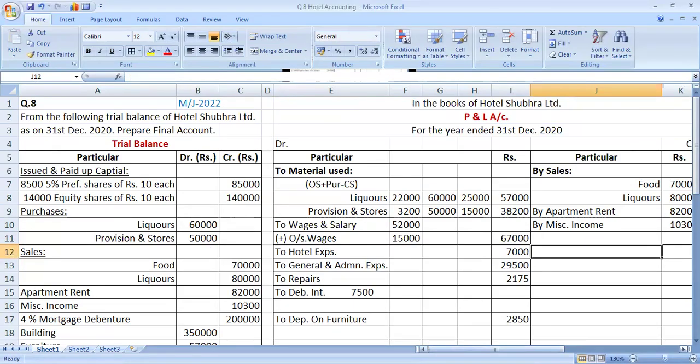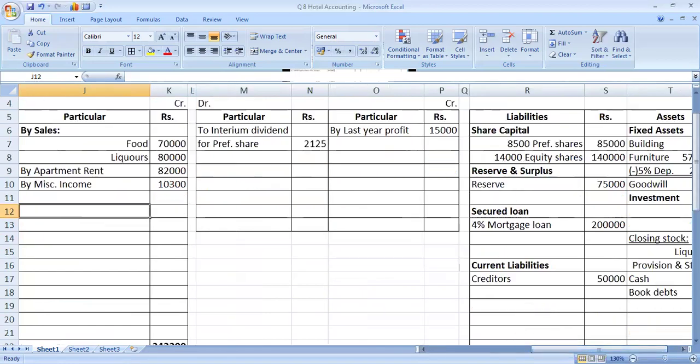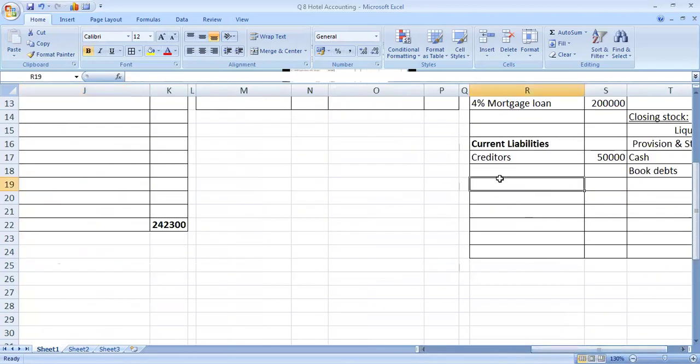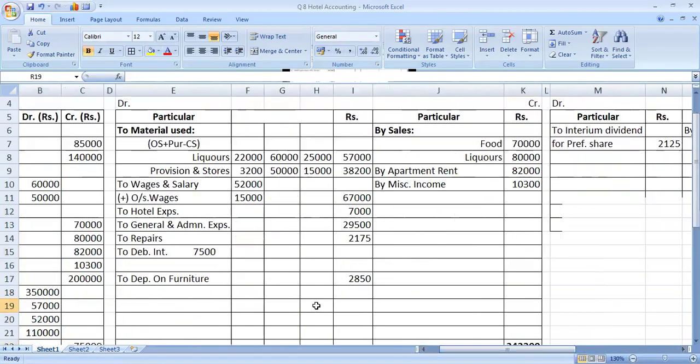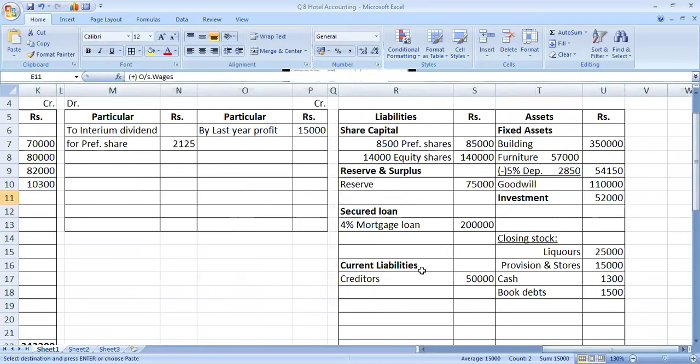Second effect goes to the balance sheet, current liabilities, outstanding wages rupees 15,000.